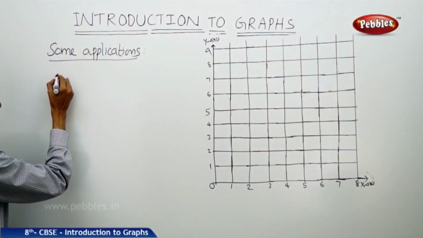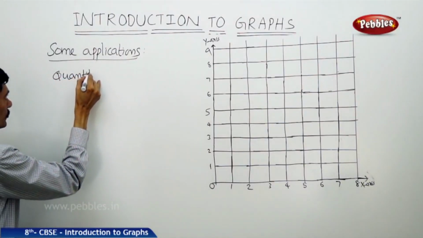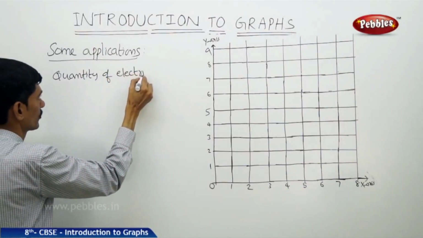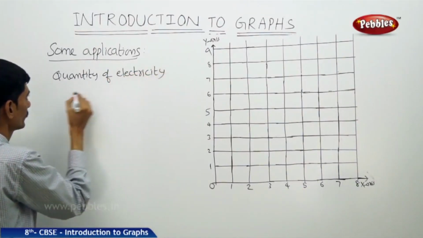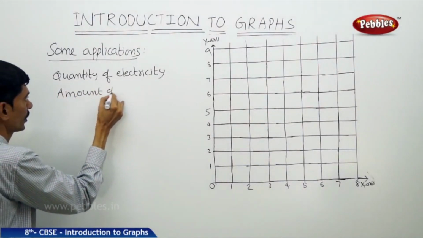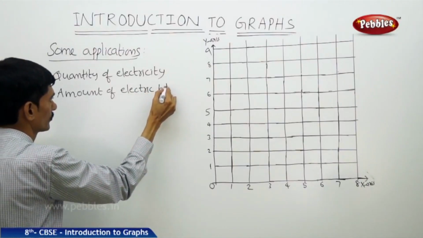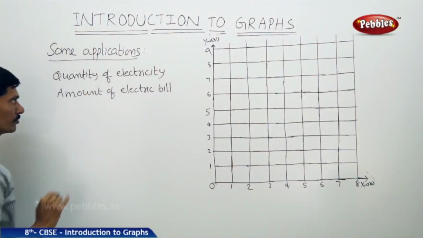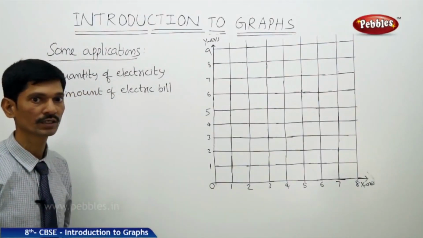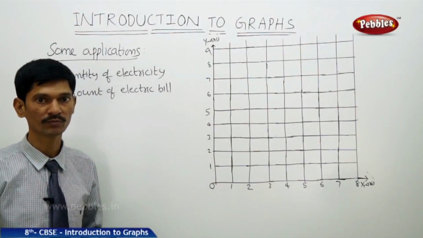So let us take an instance, quantity of electricity and the amount of electric bill. So if you consume more electricity, then your bill also will be more, means your electricity bill also will be more.